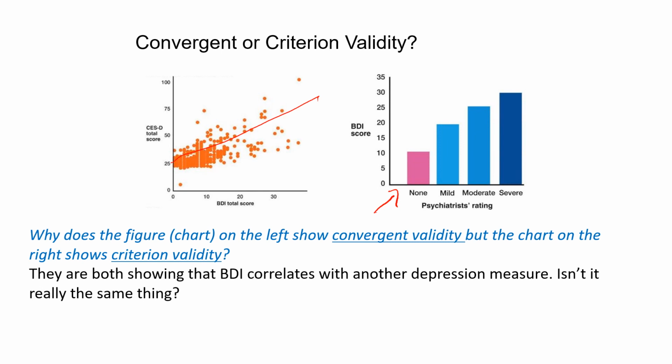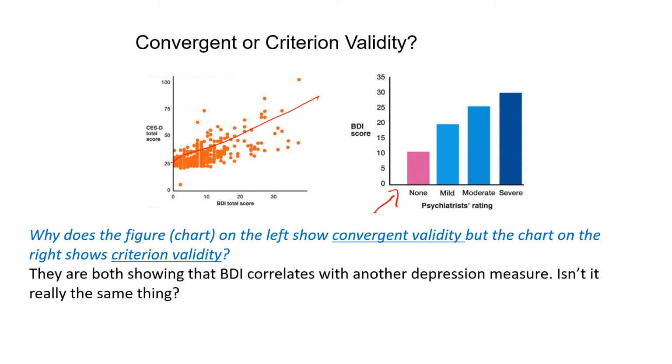A psychiatrist rating of someone having depression or not, that is the gold standard of what we would consider depression. So there's where you got your criterion validity. Because it correlates with that, it's measuring what we say it's measuring. Because it's correlating with another measure of depression, that's actually convergent validity because it's not the gold standard.